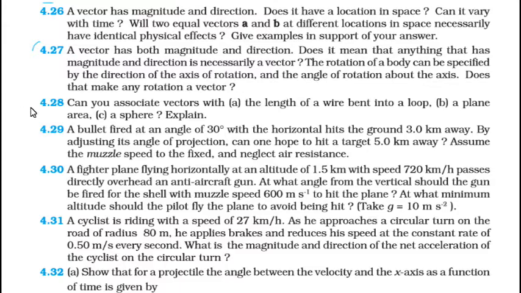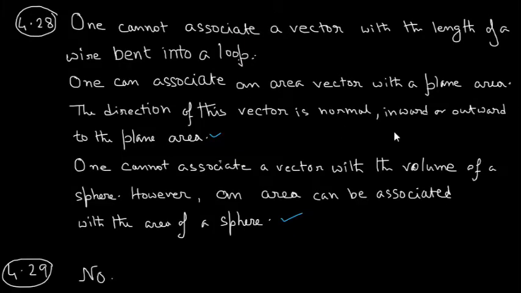Now let us move to the next problem, that is 4.28. Can you associate a vector with A, the length of a wire bent into a loop, B, a plane area, C, a sphere? Explain. One cannot associate a vector with the length of a wire bent into a loop.